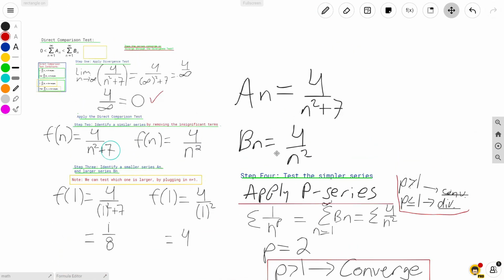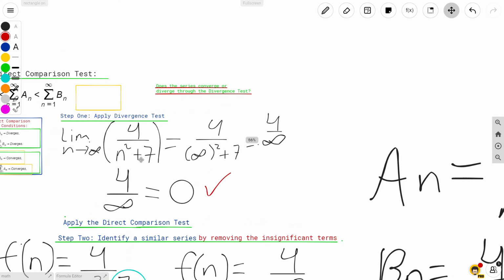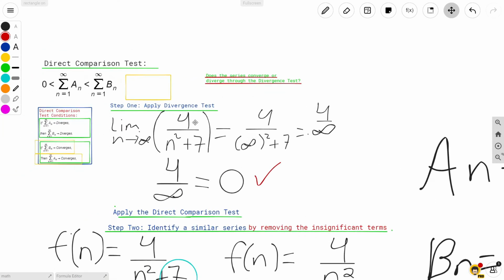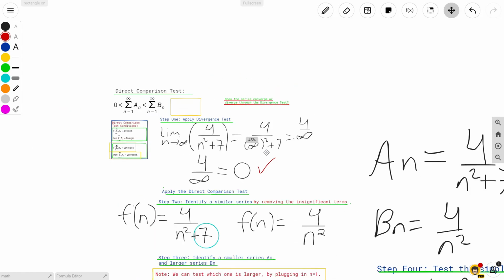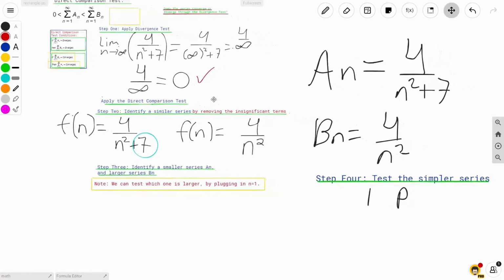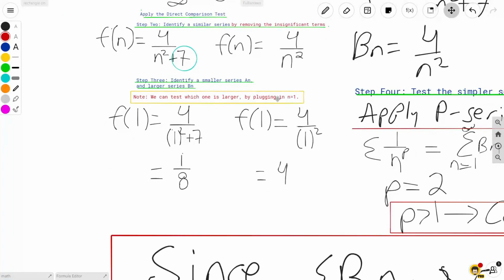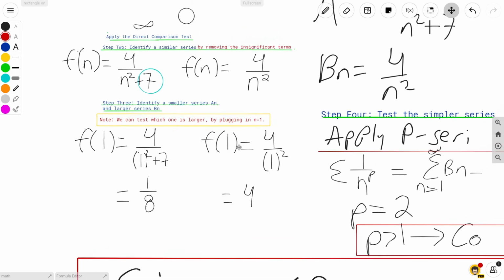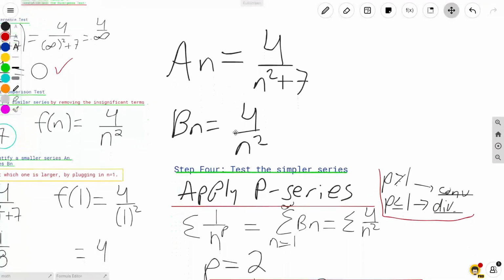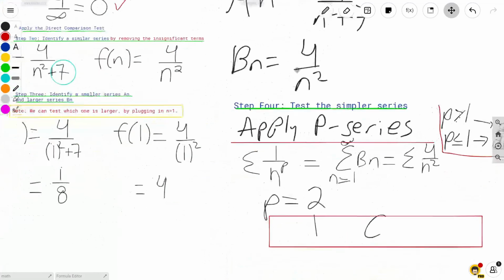In quick retrospect, the first thing we did was apply the divergence test to see if it was inconclusive, and it was, because it equaled 0. So it failed the divergence test. Then we applied the direct comparison test by identifying a similar function. In step 3, we identified which one was a sub n and which one was b sub n, by simply plugging in n equals 1, and we got 4 and 8.